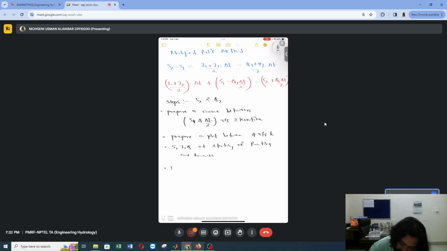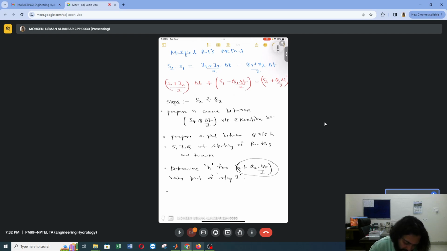And the fourth step is to determine the value of H for S2 plus Q2 delta T by 2 using the plot of step 1. So using this plot, we are going to find the value of H corresponding to this term, right?